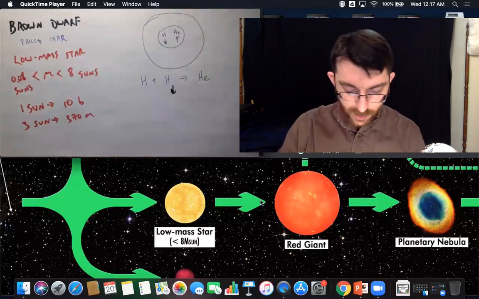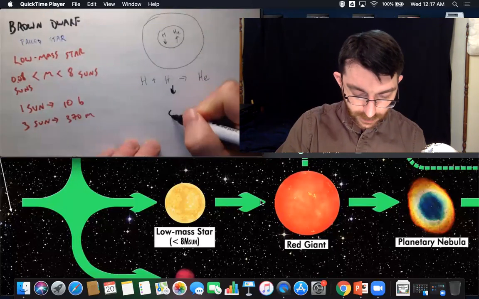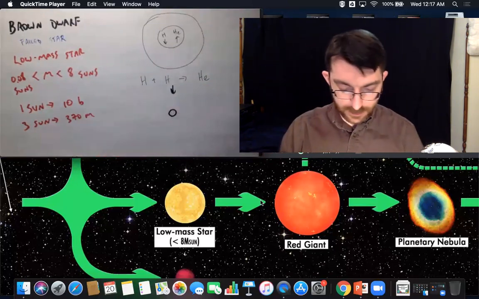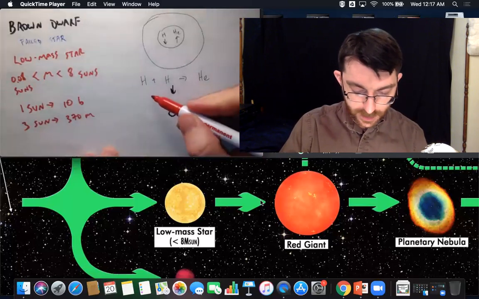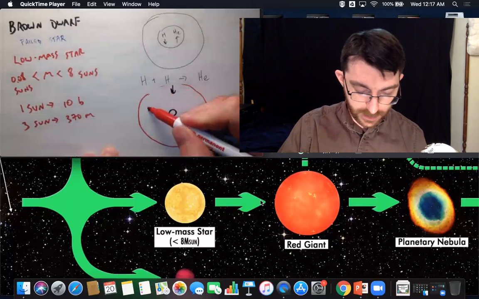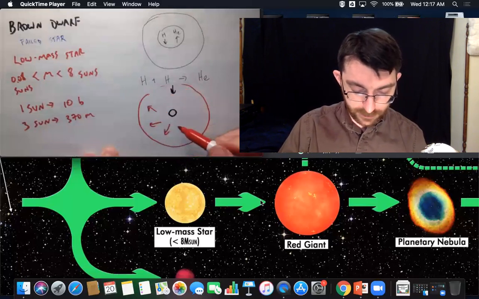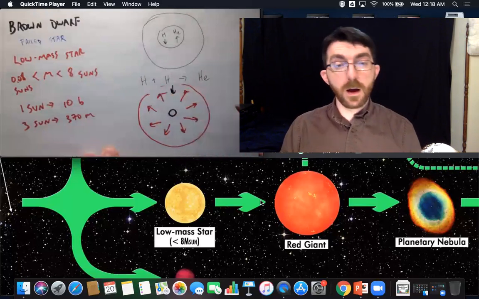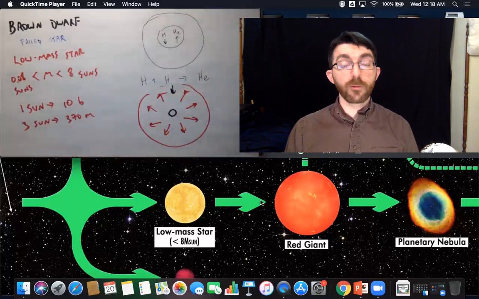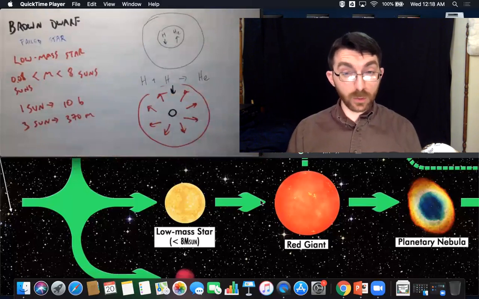So a core that is compressed, and then an expanding outer layer. So red is cooling.